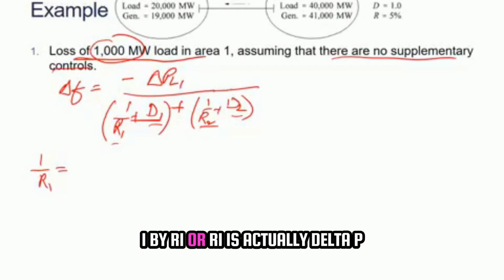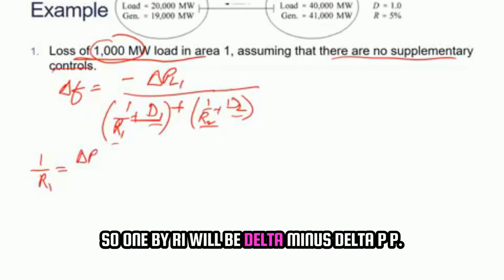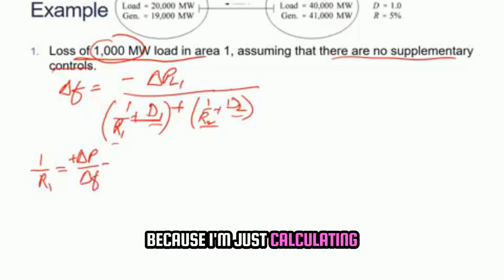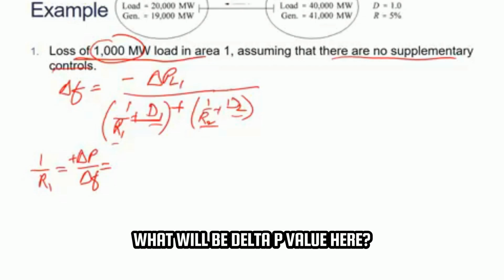R1 is actually delta F by delta P, so 1 by R1 will be delta P by delta F. You can just keep it positive, because I'm calculating in per unit value. So what will be the delta P value here?